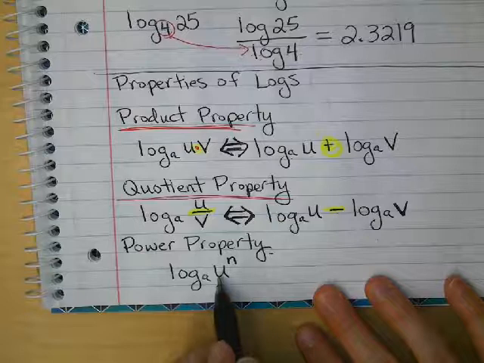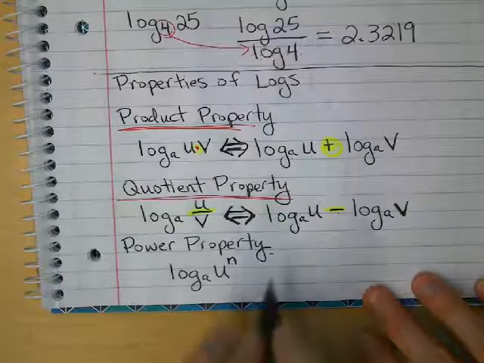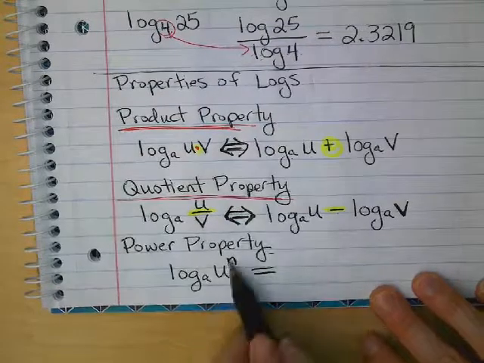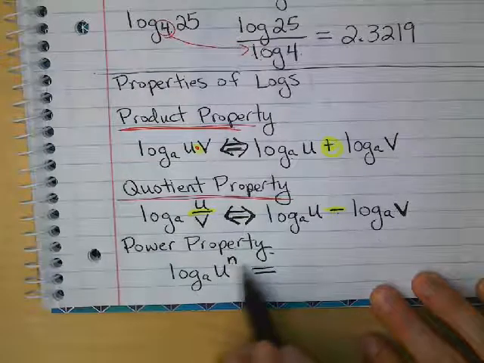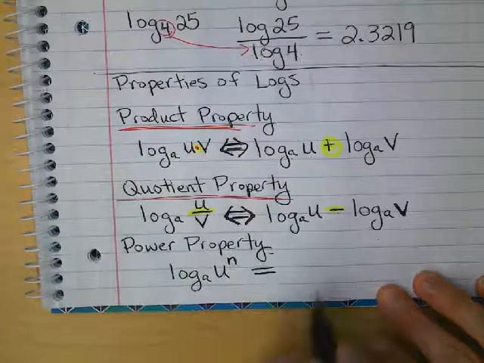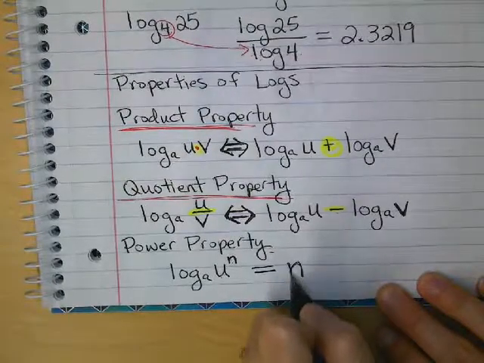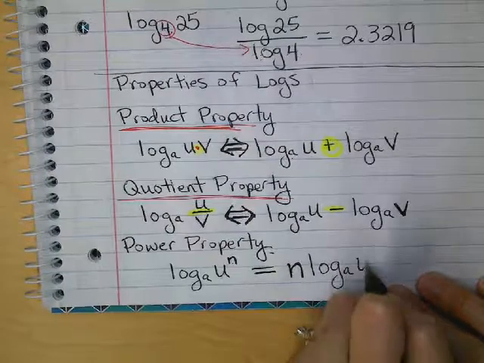Log base a, something like something to a power, u to the n power. So what happens with the power property is that exponent I added, that n power, u to the n power, that n moves. It's kind of interesting, it can go out in front. It turns into n times log base a of u.